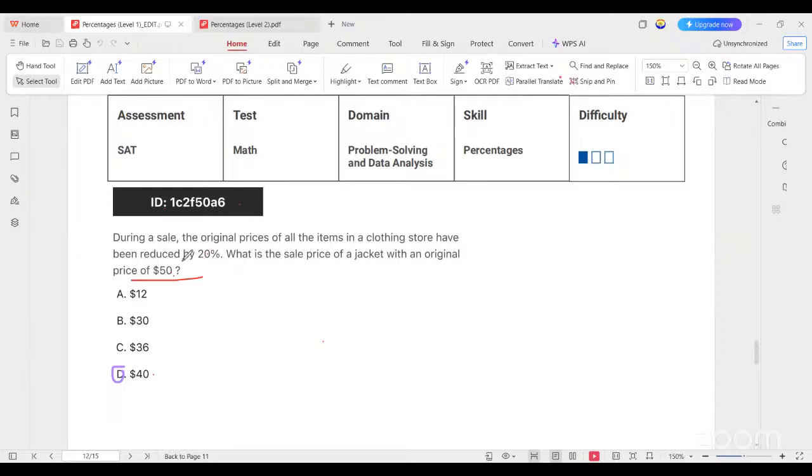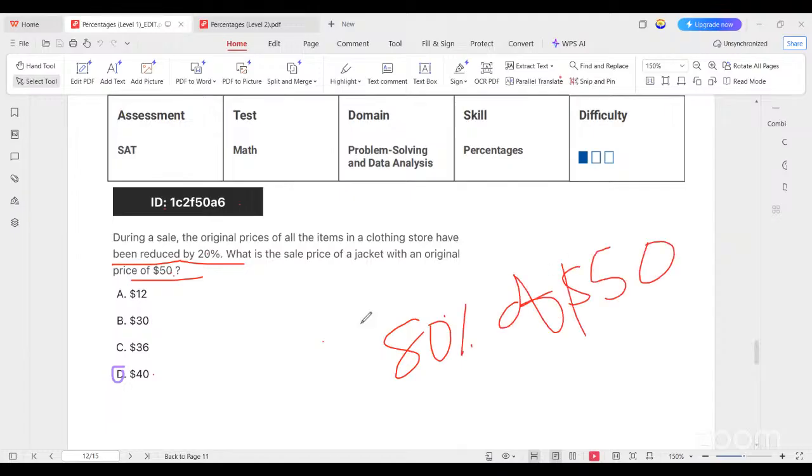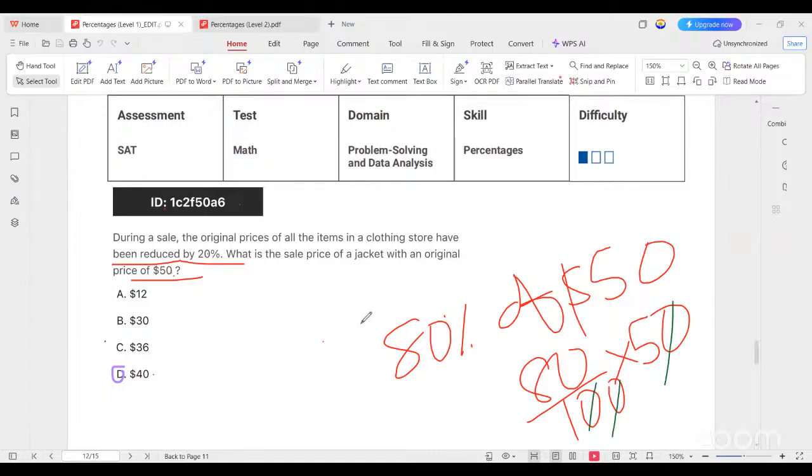So 20% of $50 is the reduction. So directly we can do 80% of $50. 80% is 80 of 100 times 50. We will get 8 times 5 is 40.